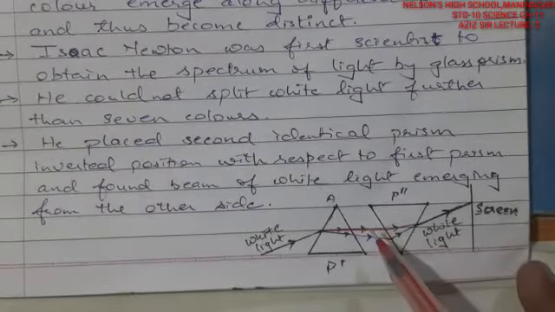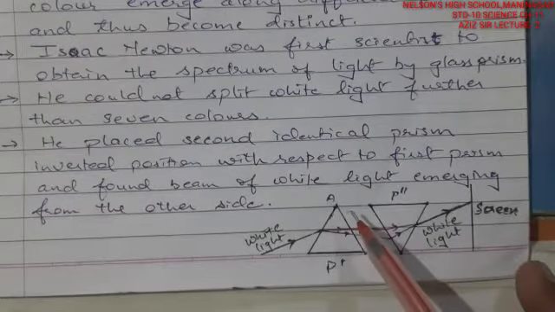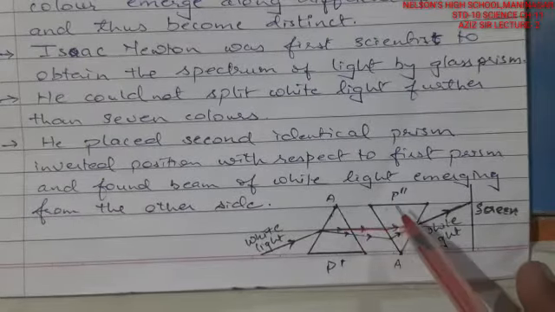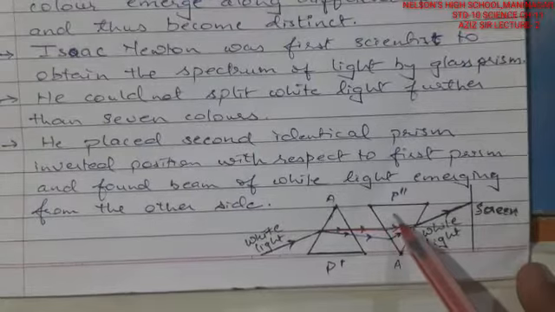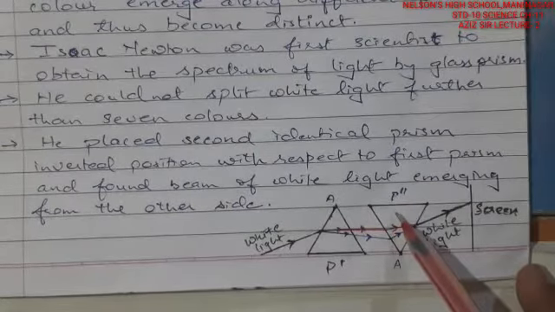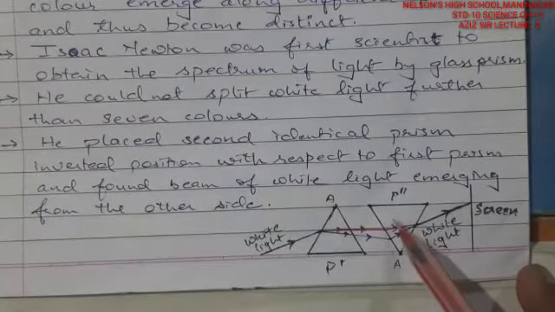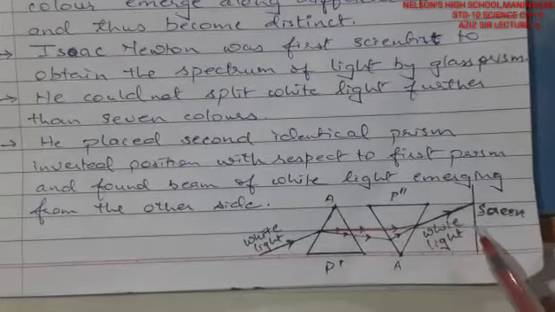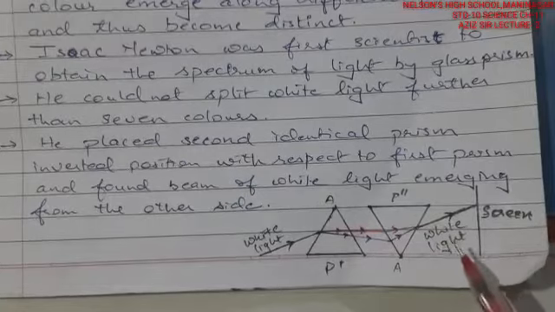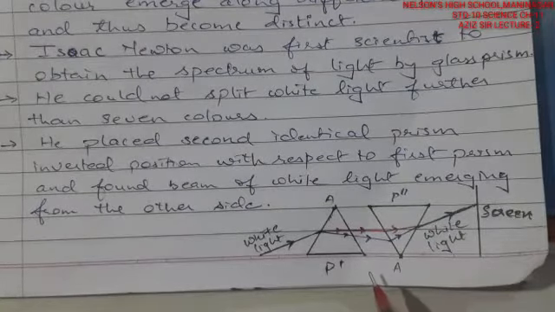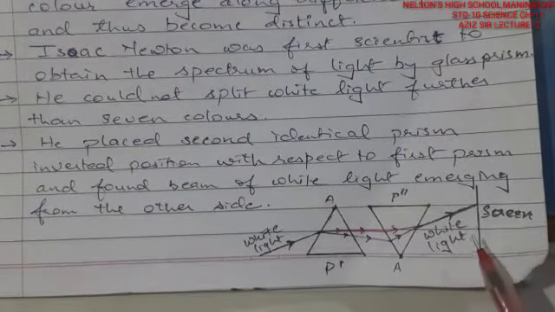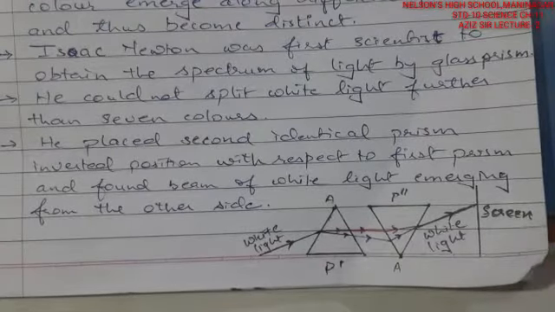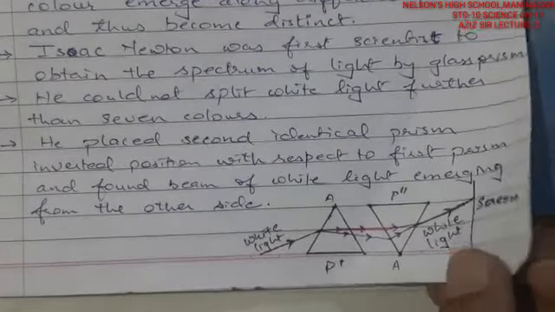So he understood why we do not see dispersion of light through a rectangular glass slab. A rectangular glass slab does not show dispersion because when the light splits, it gets back to its normal condition by being deviated back again. I hope you understood this phenomenon.